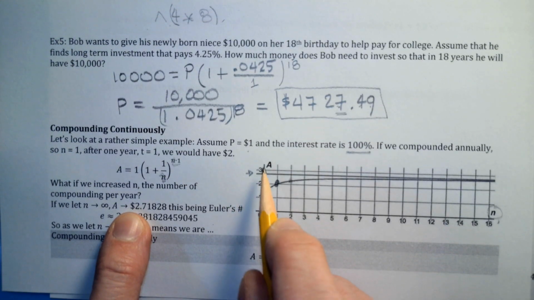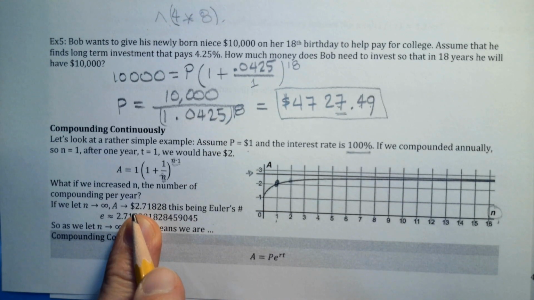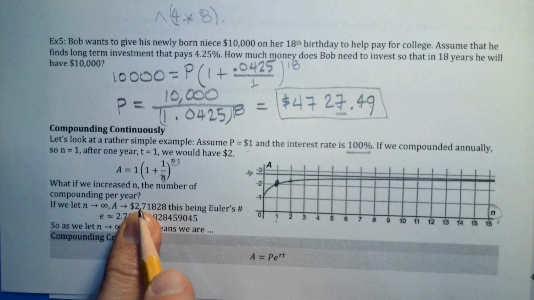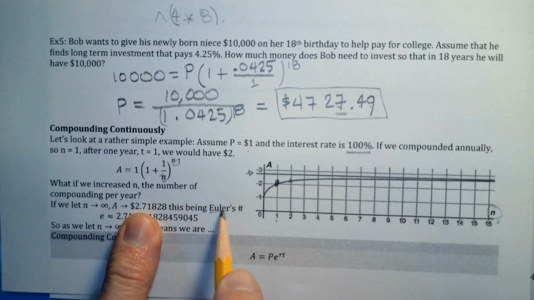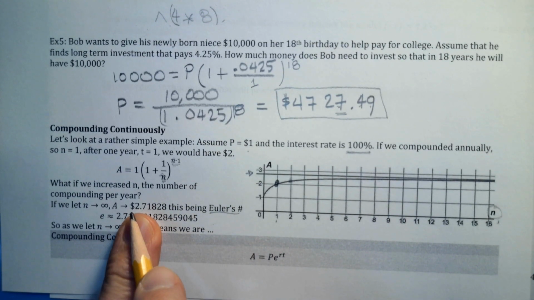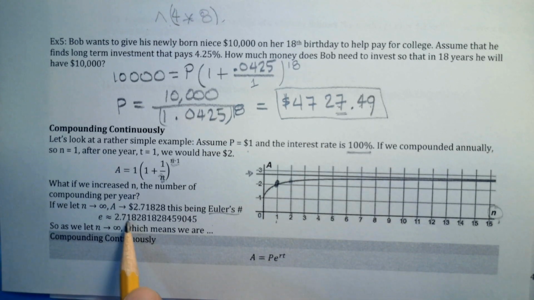It's somewhere between 2 and 3, and it's actually Euler's number that you might remember from science class. It shows up a lot in exponential functions, sometimes referred to as a transcendental number. Euler is a famous mathematician, and it's just named after him. It's 2.71828, and it keeps going, but that's essentially what it is.